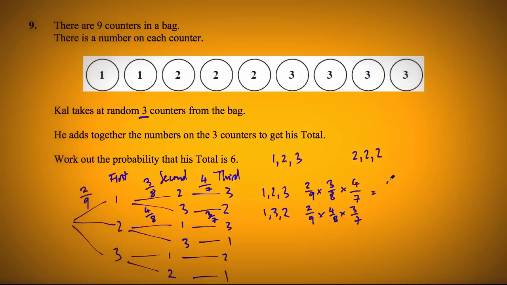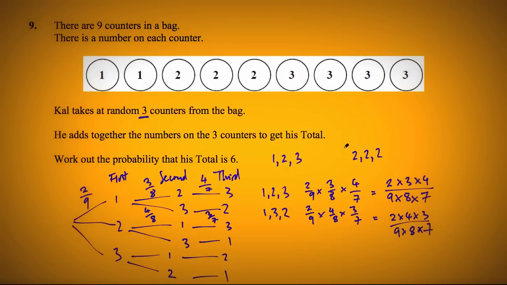And I'm actually always going to get this outcome because it's always going to be a 1 and a 2 and a 3, so it's always going to be a probability of, in the numerator, 2, then 3, then 4, over the decreasing numbers of counters overall, so 9, then 8, then 7. So this would give me the same thing, just in a different order. And that can happen 6 times.